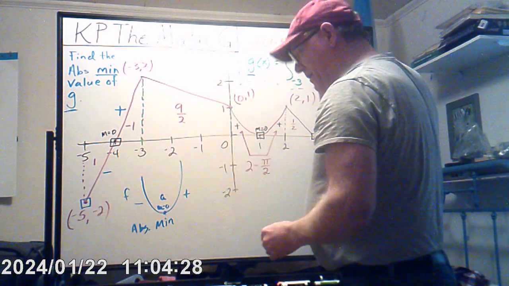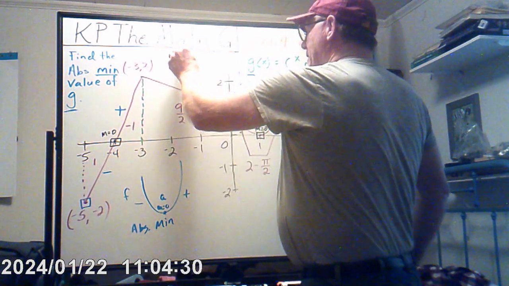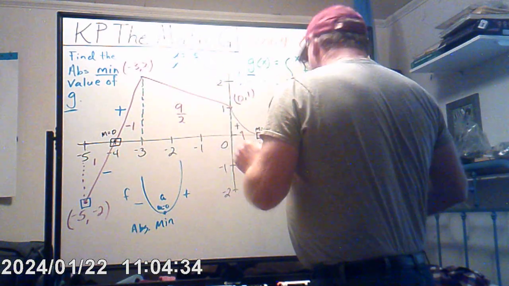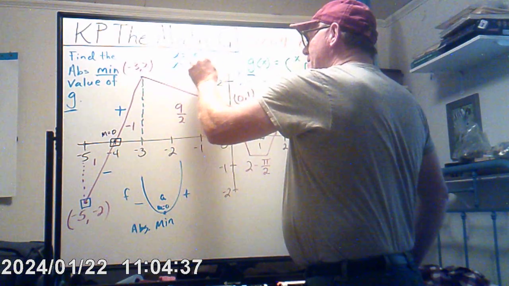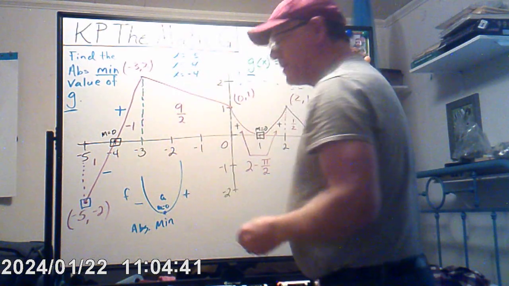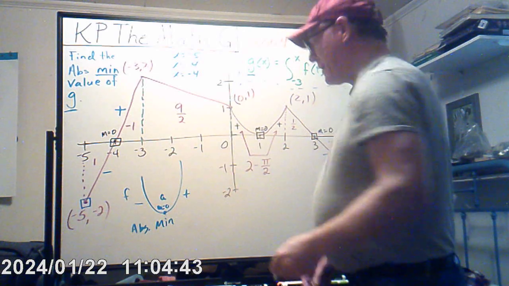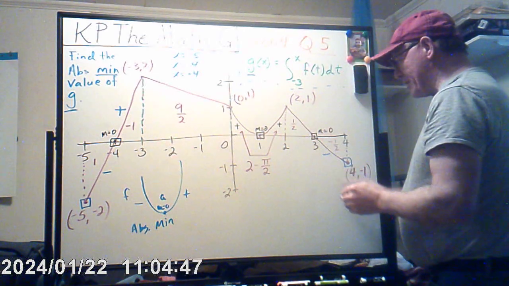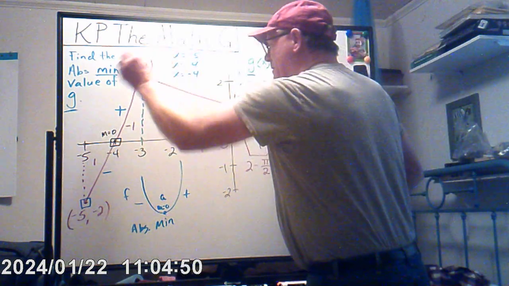So we're looking at x equals -5. We're looking at x equals 4. And we're looking at x equals -4, which, by the way, is considered to be a critical point. Why not look at this one? Well, we can't look at this one because we're looking for the absolute min.